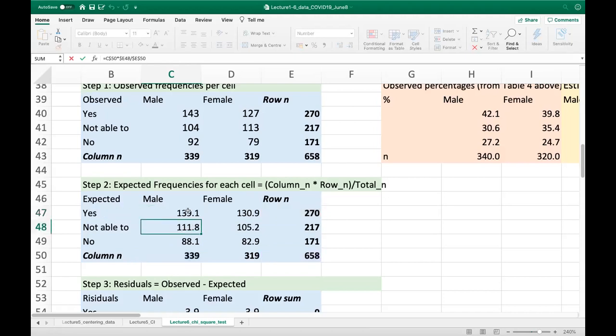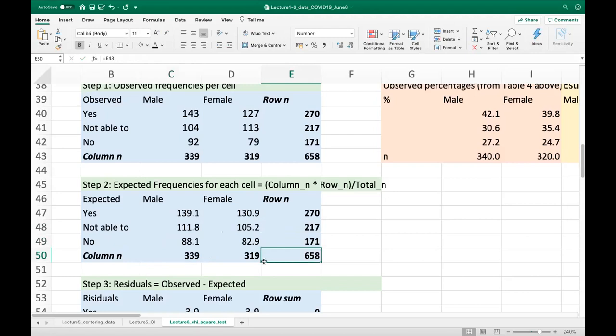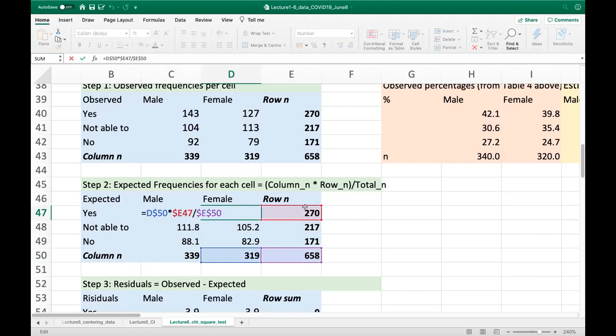So when I simply drag to replicate, it automatically applies the same equation to the next row, okay? And this automatically applies the same equation to this row. But the column is not changed, and the total is not changed. So the same equation here, and now I'm applying it to the column n and row n divided by the total. Okay?